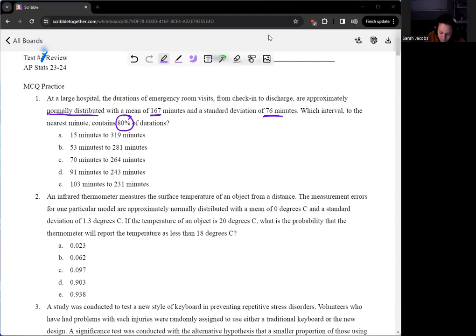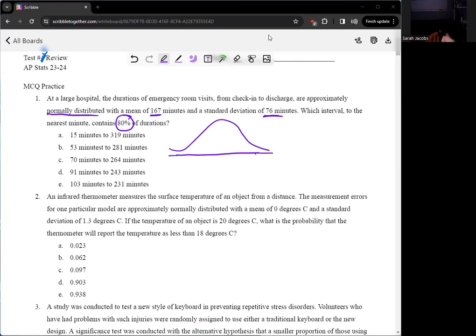So we want to draw a picture. Basically, you should always draw a little normal curve illustrating what you're doing. It helps you establish that you know what you're doing. It helps you establish directionality, and even on a multiple choice question, it will just ground you better.